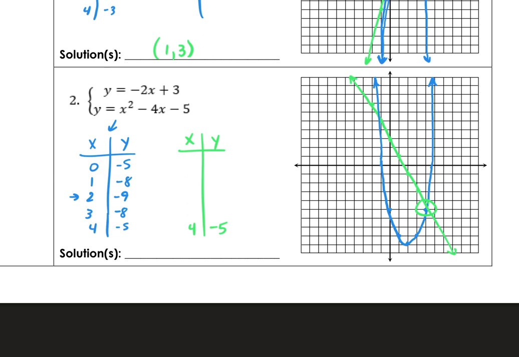And when I did that, I got to -2 and I found -2, 7. And then I looked back at here and I found -2, 7. So they actually intersect here. So my parabola should be going kind of this way.